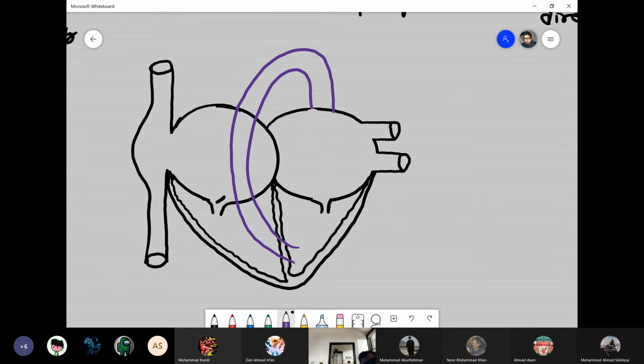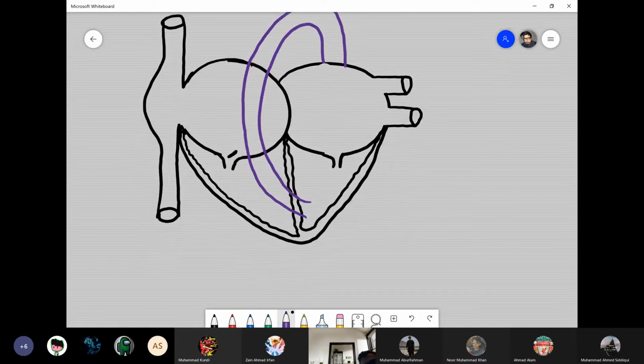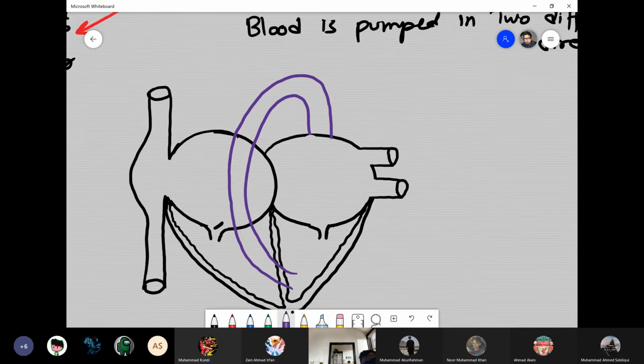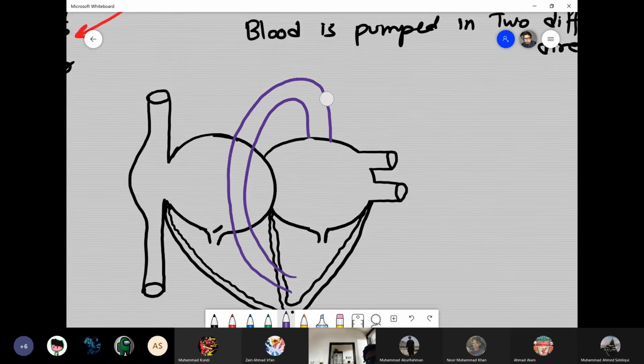Now this blood vessel goes from the back of the heart and comes down over here like this. Now you will rub from three places, 1, 2, and 3, and at these three places, you will draw these blood vessels.